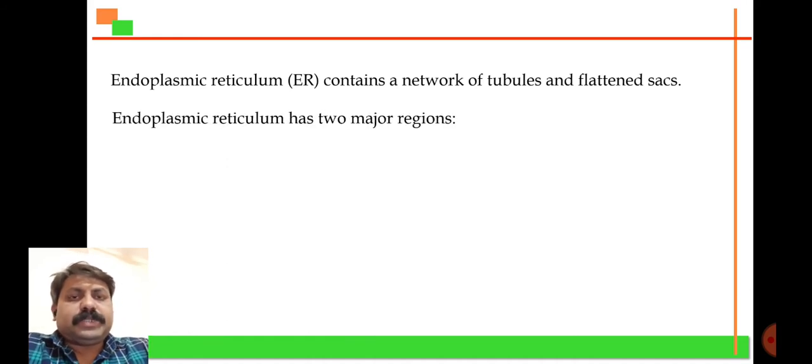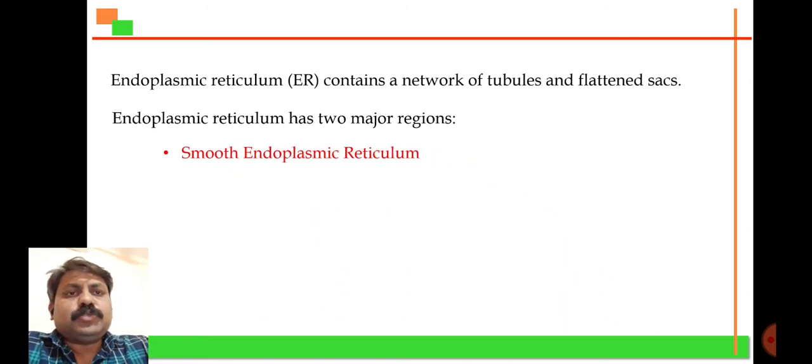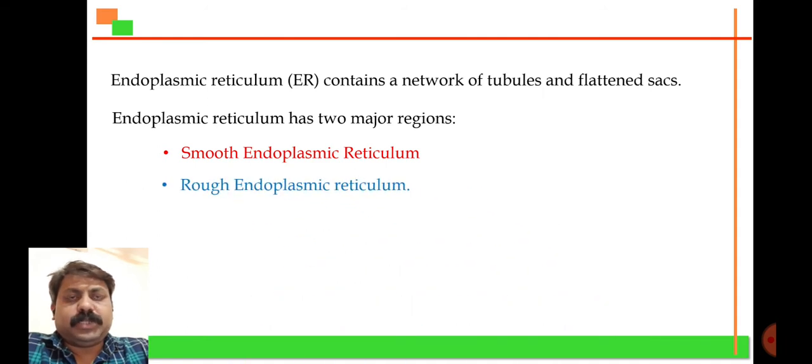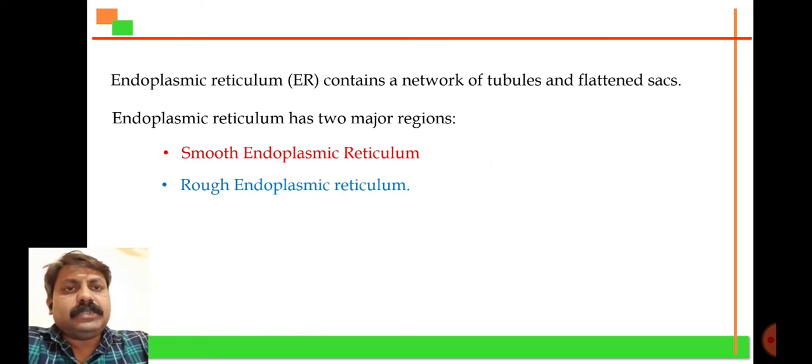Now this endoplasmic reticulum has two major regions, the smooth endoplasmic reticulum and the rough endoplasmic reticulum. Now with these two names, smooth means there must be something smooth. So the surface of the smooth endoplasmic reticulum is smooth, and in the rough endoplasmic reticulum the outer surface is rough.